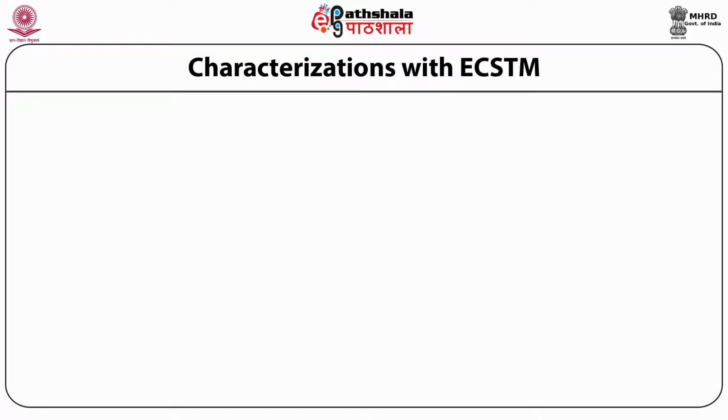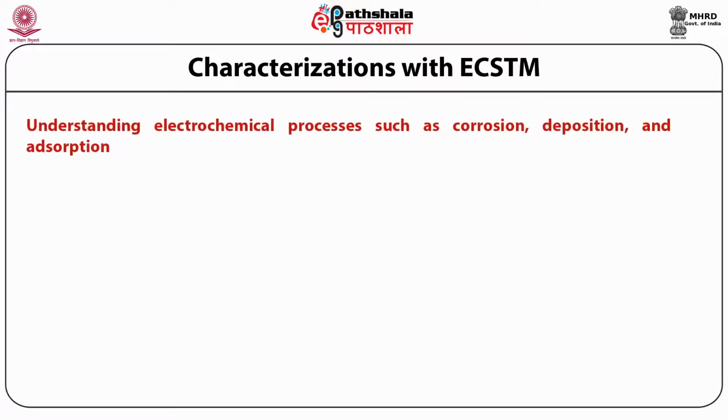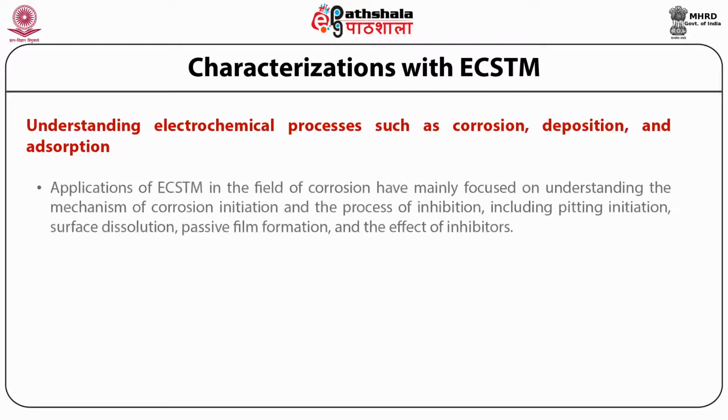Characterization with ECSTM. When we put this technique to certain applications or uses, we find that it has very many applications. When we talk about understanding electrochemical processes such as corrosion, this technique is of great help. Applications of ECSTM in the field of corrosion have mainly focused on understanding the mechanism of corrosion initiation and the process of inhibition.